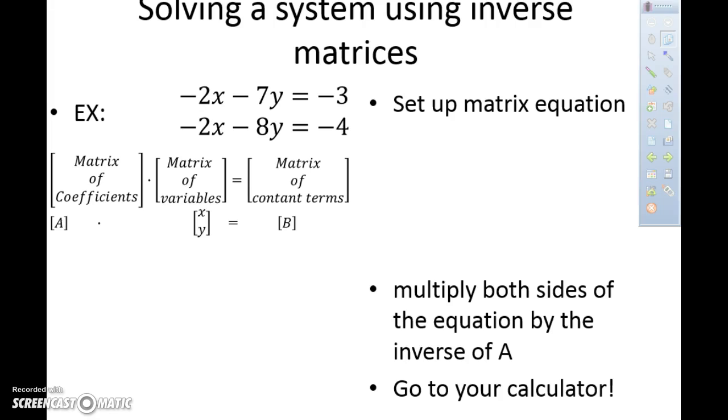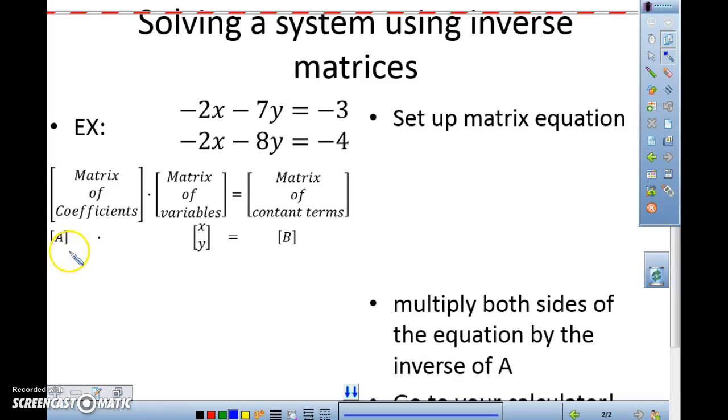So to make matrices out of this system, we're going to look at just the coefficients of x and y, the variables. Notice that the system is in standard form: x plus y equals a constant. So if I look at this one, I'm going to write -2, -7, -2, -8.